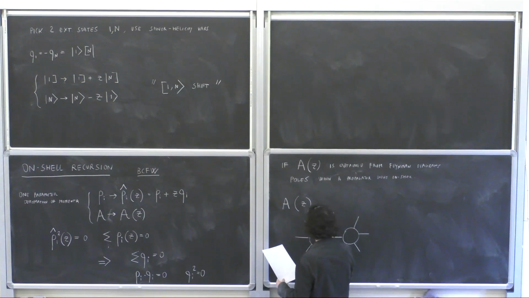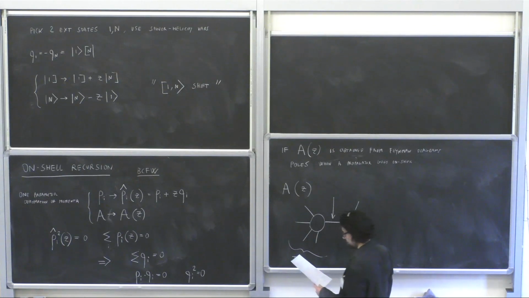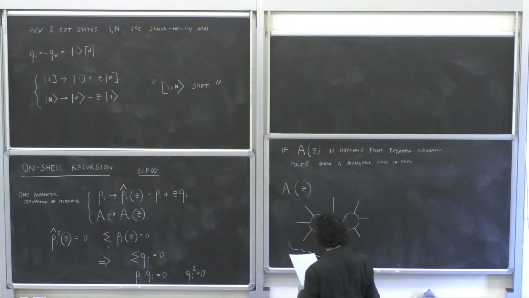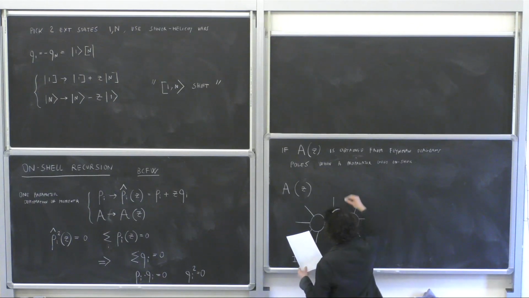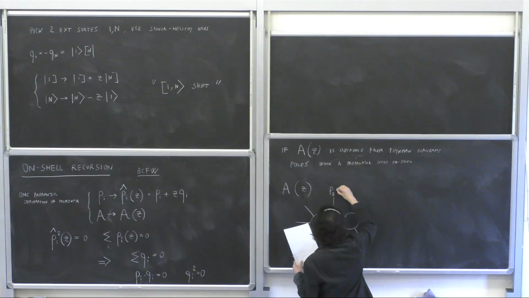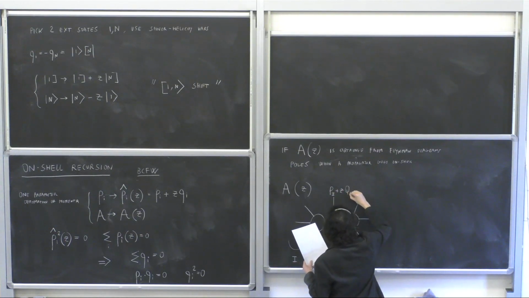So let's consider here, I call capital I the set of external states which go into this blob. And then the total momentum here undeformed would be P_I. And then there would be a piece here which depends on the deformation parameter.